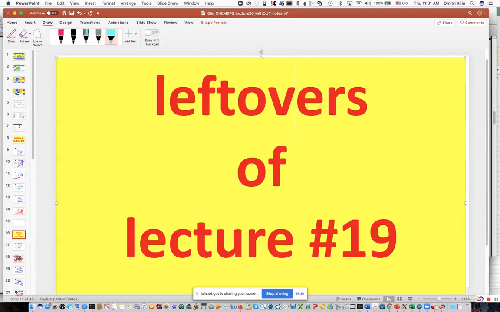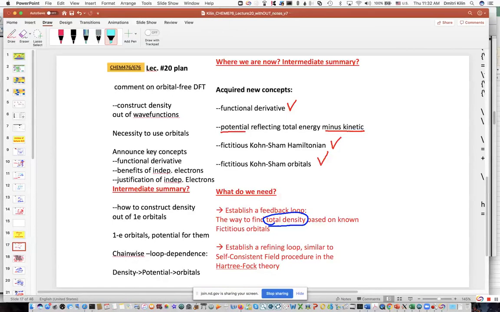We do need to construct density out of orbitals if possible, because density determines energy, and density is explicitly needed for the functional derivative. Thank you for the assistance.